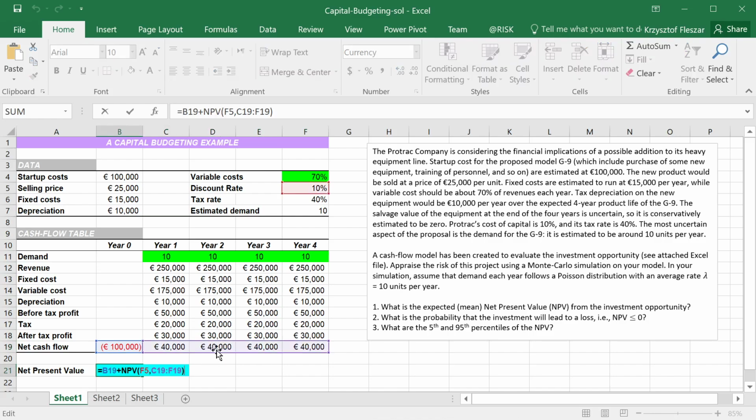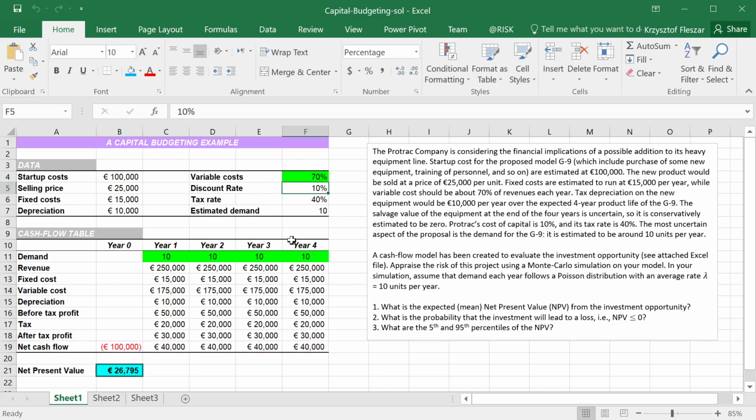And of course, we can now calculate the NPV based on those values, assuming a discount rate of 10% for future payoffs. So this is a deterministic model that is actually prepared for us, right?